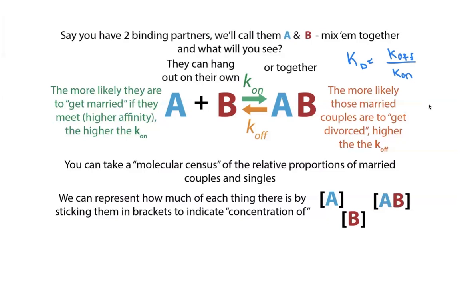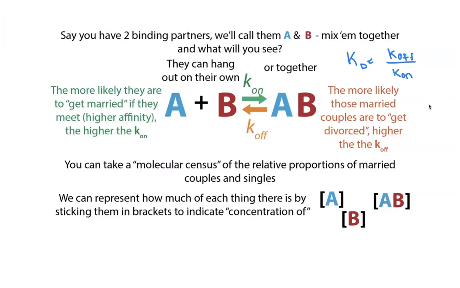And so because of this, we're able to then use the concentrations that we find at equilibrium in order to tell us about the affinity. But it's not going to be able to tell us about the relative contributions of K on and K off. It'll just tell us about how it all plays out at equilibrium with some balance of the K on and the K off. All being equal, if you were to increase the K on, you're going to decrease the Kd. And if you were to decrease the K off, you would decrease the Kd as well.